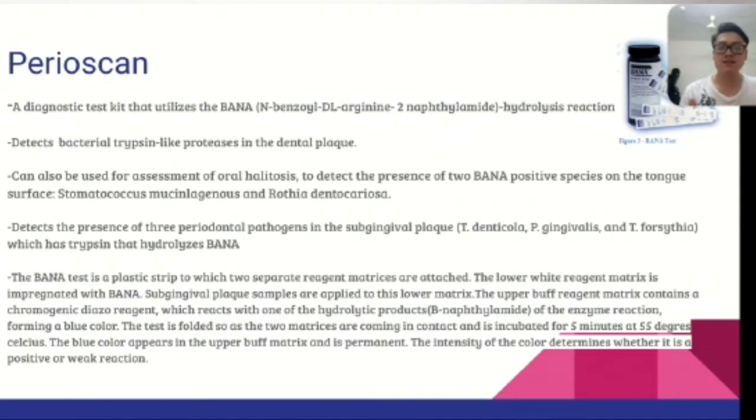The test is folded together so that the 2 matrices come in contact and is incubated for 5 minutes at 55 degrees Celsius. The blue color that appears in the upper buff matrix is permanent, and the intensity of the color determines whether it is a positive or weak reaction.